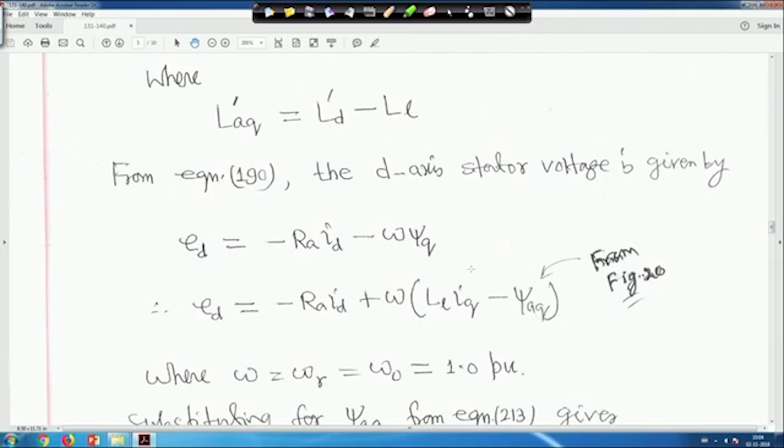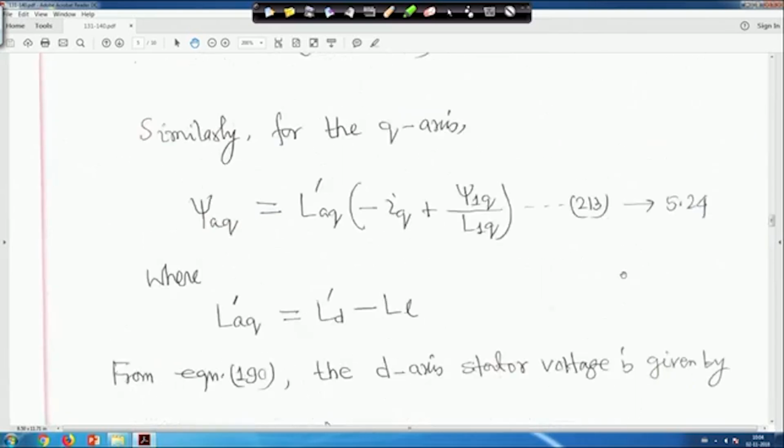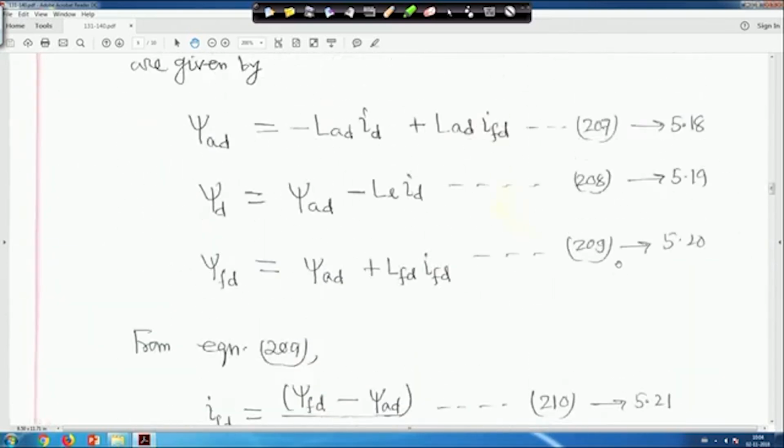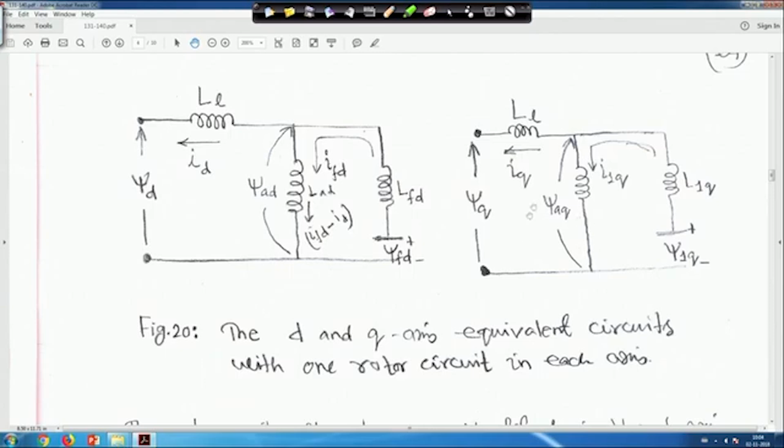From that q axis analogous circuit diagram, just apply KVL: psi q is equal to LL IQ minus psi AQ. This is from figure 20. If you apply KVL, it will be LL into IQ plus psi AQ minus psi q is equal to 0.